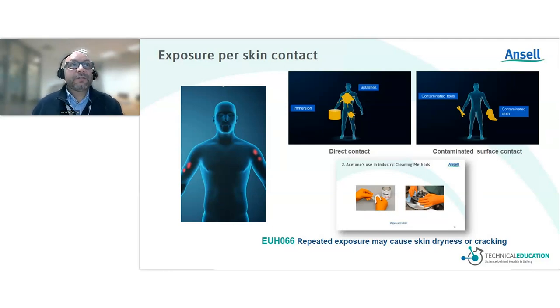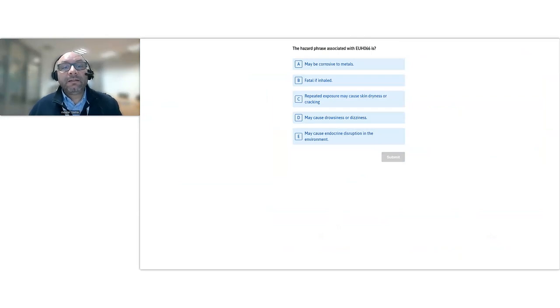We have a second question. It's about the EUH 066, the hazard phrase. The meaning of EUH 066, is it answer A, maybe corrosive to metals, or answer B, fatal if inhaled, or answer C, repeated exposure might cause skin dryness or cracking, or answer D, can cause dryness or drowsiness?